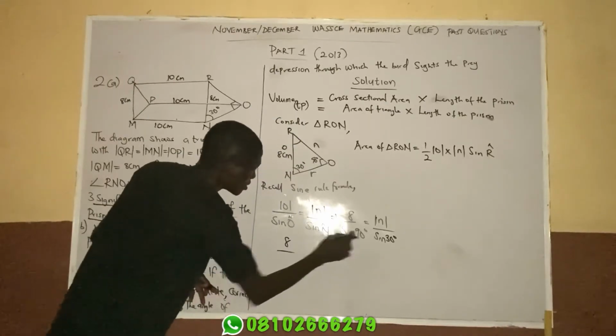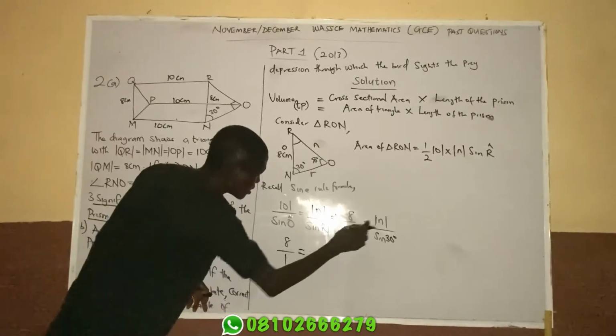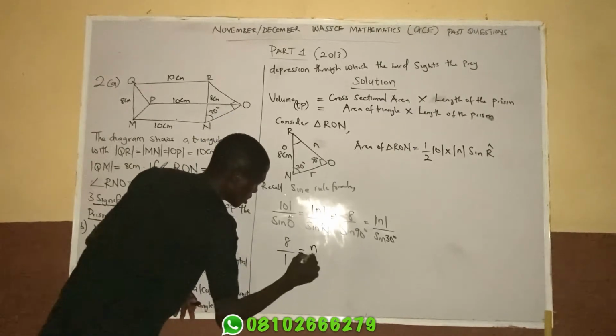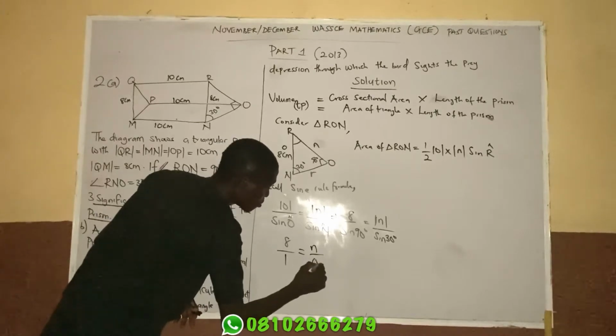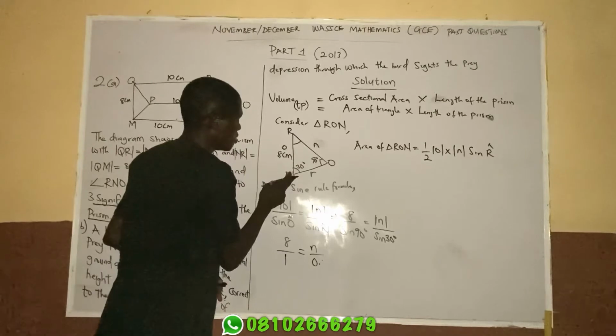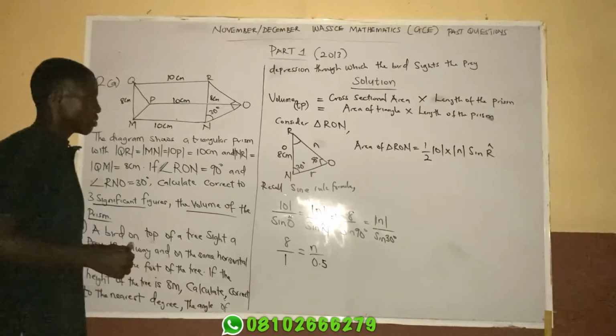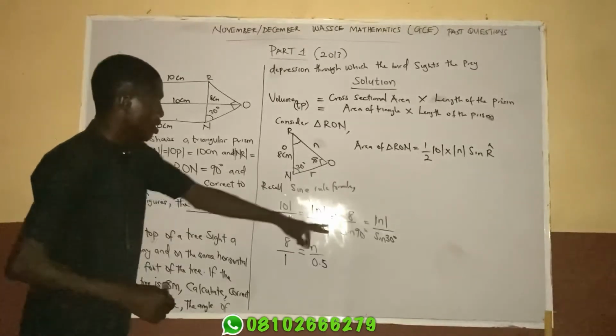So we have 8 all over sine 90 degrees is equal to N all over sine 30 degrees.